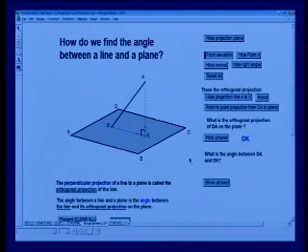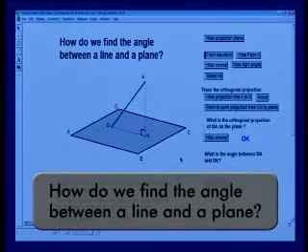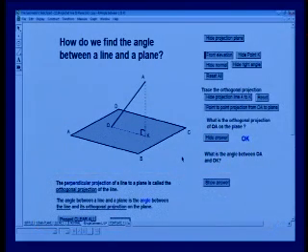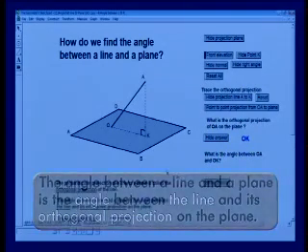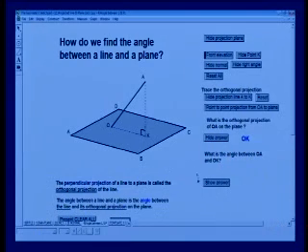So we have reached the final part of the question. How do we find the angle between a line and a plane? Let us look at the definition again. The angle between a line and a plane is the angle between the line and its orthogonal projection on the plane. So do you know the answer now?